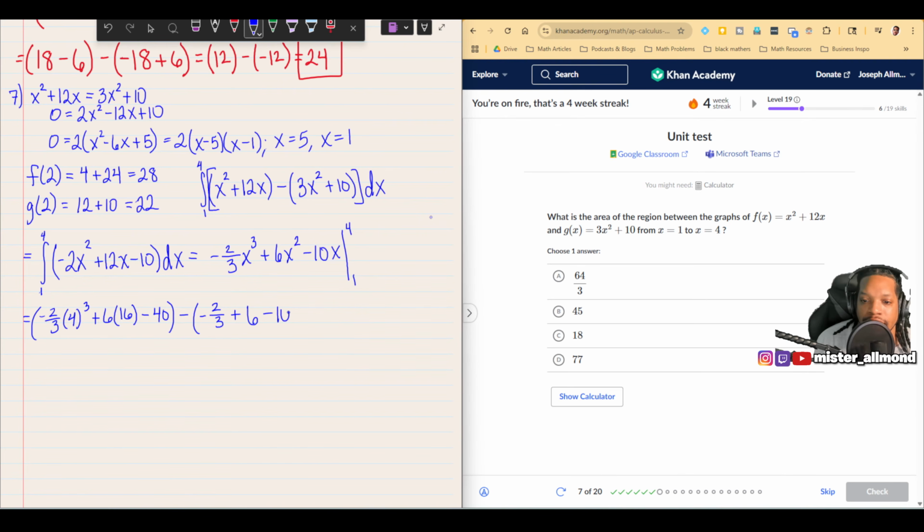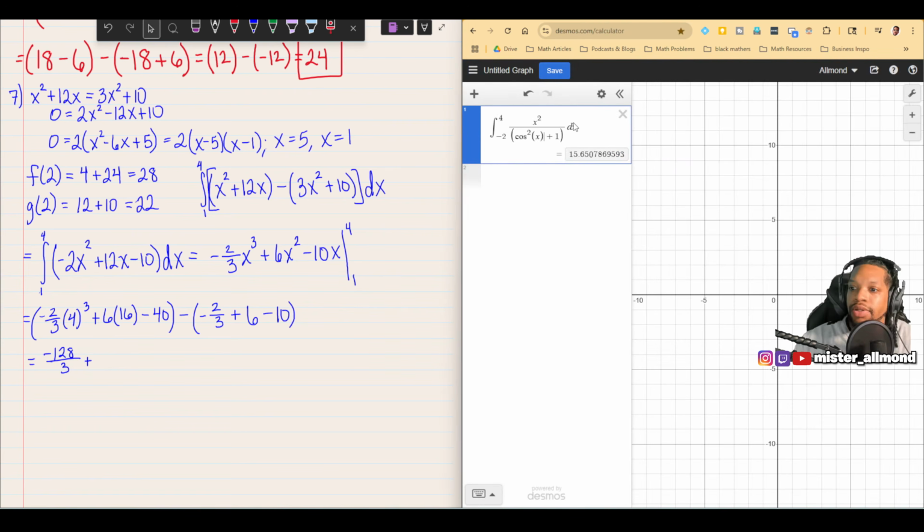I'm just going to leave everything over 3. So this will be negative 128 over 3 plus 6 times 16, 96. Let's do it like this. 96 times 3, so 288 over 3 should be my 96. And then minus 120 over 3.